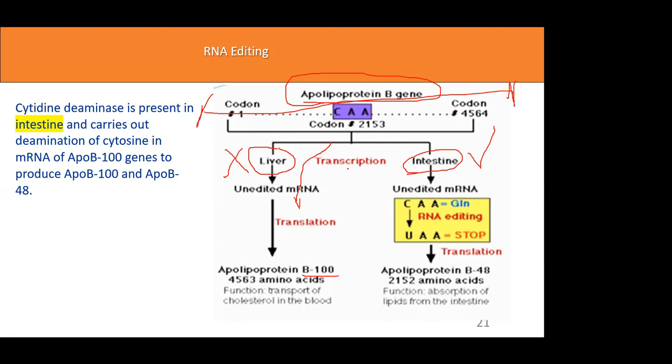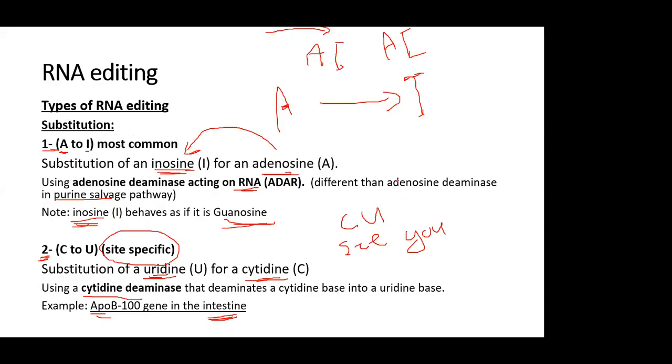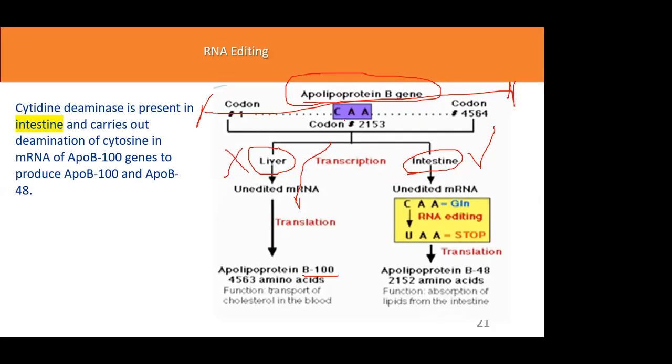However, in the intestine, you would have the enzyme, the cytidine deaminase. What's going to happen is that this codon, as you can see it here, the CAA. So this deaminase will deaminate the C, as you can remember, the CU, like see you later.